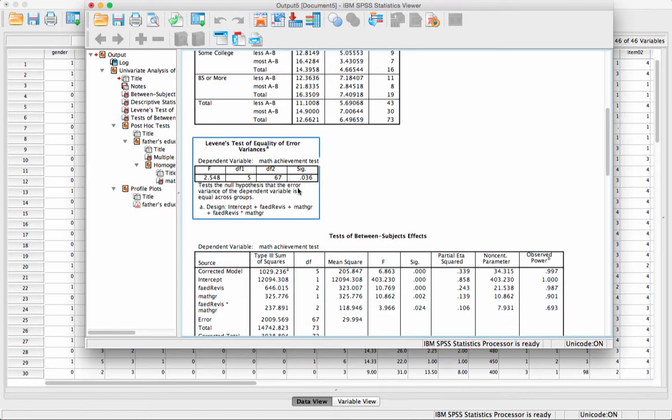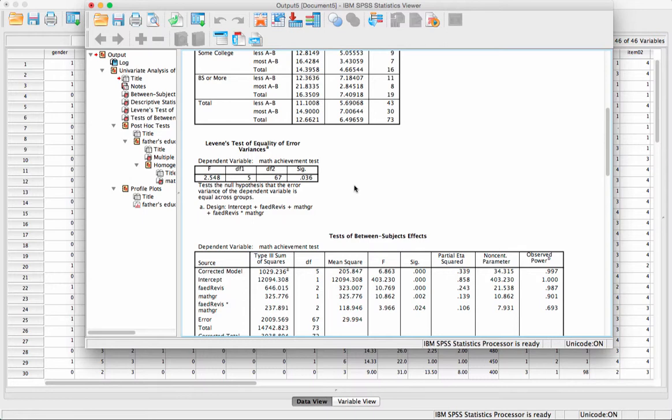We also see that our Levene's test is significant. So that means that the variances, or at least one group variance, differs from one another, either by math grades or by father's education level. For now, we're going to ignore that.